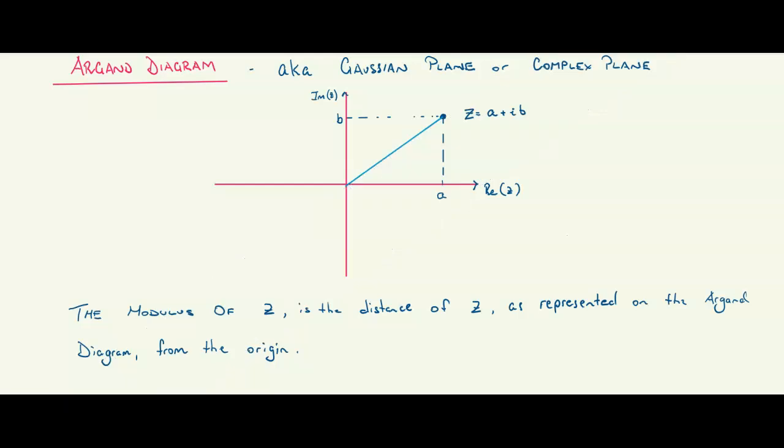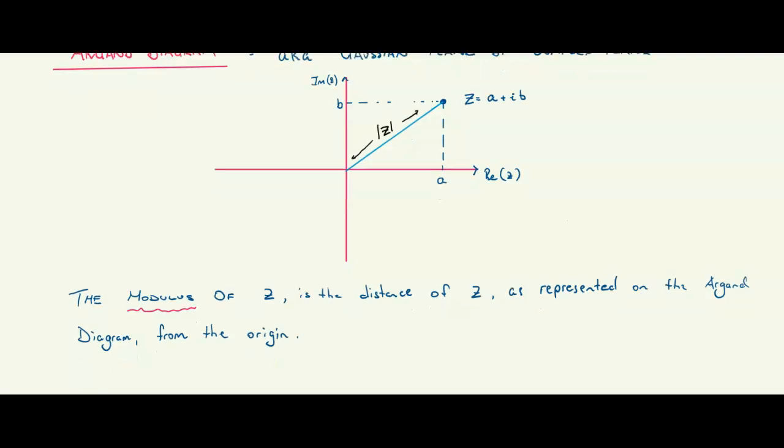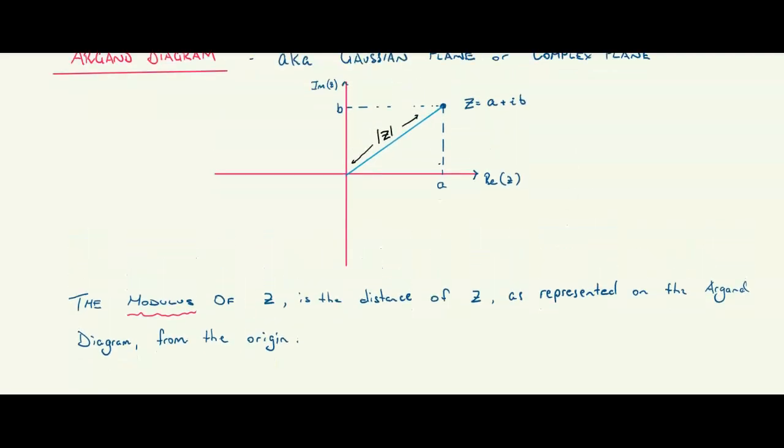I'm just going to underline this as well. The modulus of z is the distance of point z as represented on the Argand diagram from the origin. We denote it using our modulus, or absolute value symbol. This is the modulus of z, that distance from the origin to the point. So what is that distance? Well, we've got a nice little right angled triangle here, where our shorter sides are a and b.